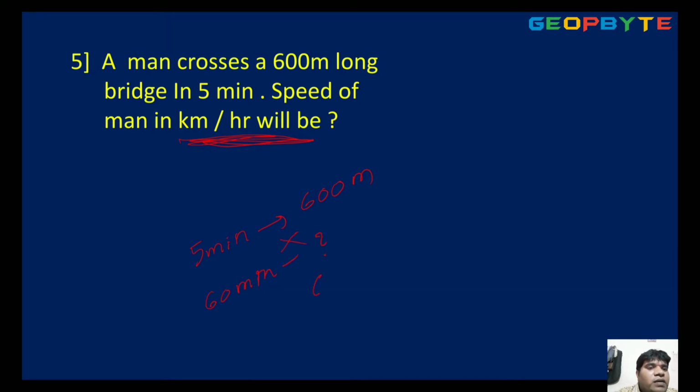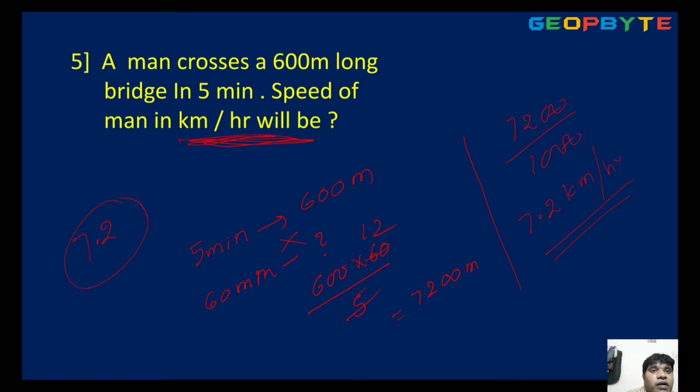Cross multiply. 600 into 60 by 5. 5 twelves. 12 sixes are 72, so 7200 meters. Convert this 7200 meters into kilometers by dividing by 1000, because 1000 meters is 1 kilometer. 7200 by 1000, 7.2 kilometers per 60 minutes. 60 minutes means per hour. 7.2 is the answer.